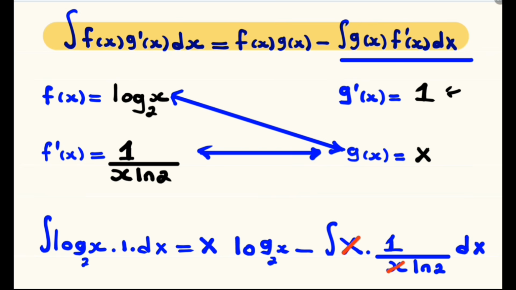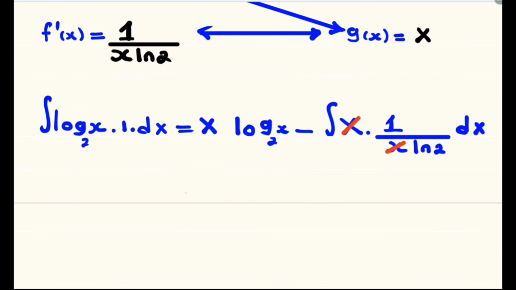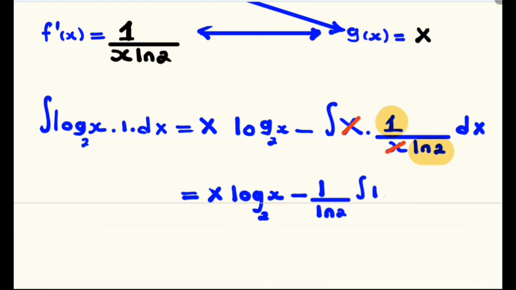The x and the x will cancel out. x divided by x is equal to 1. So this will be equal to x log base 2 of x minus, we take the 1 divided by ln 2 out of the integral since they are constants. So we have 1 divided by ln 2 and the integral of 1 dx.